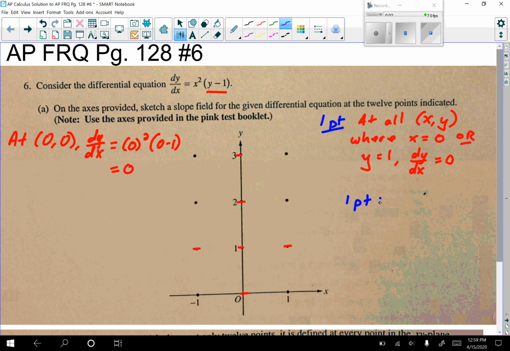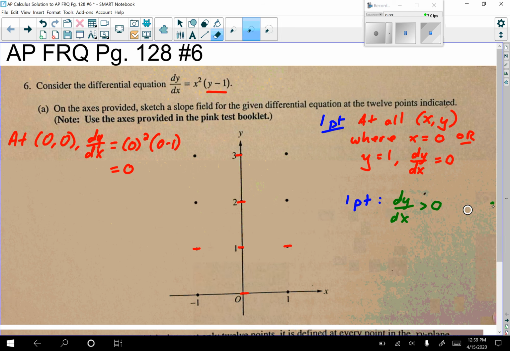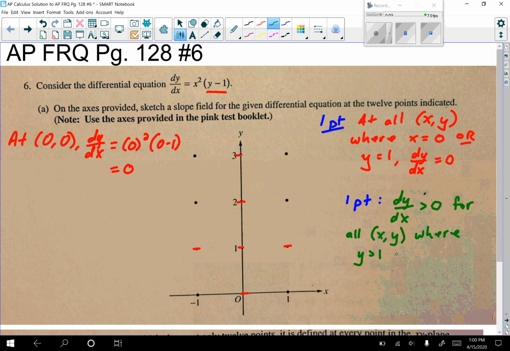is to know where the slopes are positive. So dy over dx is going to be positive for every x, y. Let me even write that out. For all values x, y, where y is greater than 1, and because y is greater than 1 at 2 and 3 here on the y-axis, but x is 0 there, we can't let x be 0.